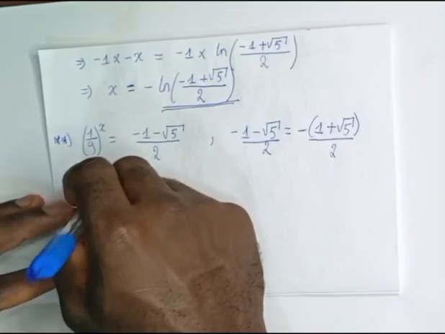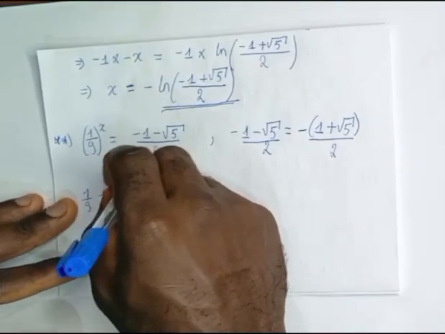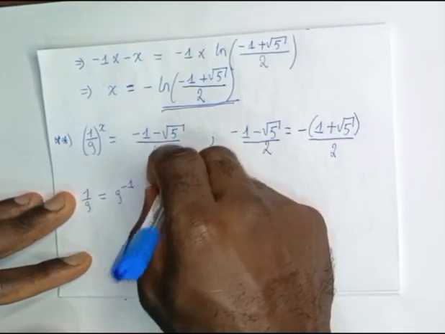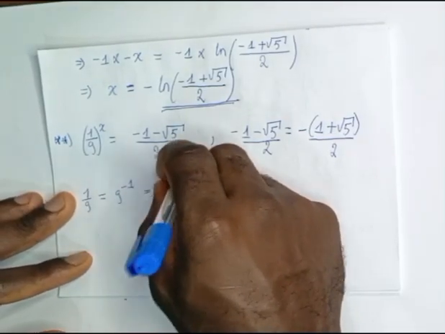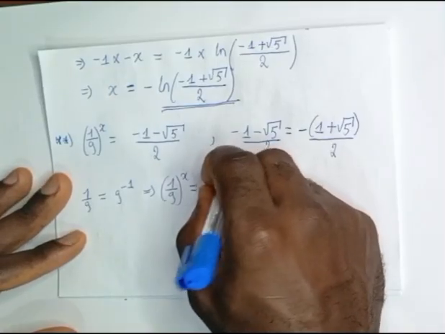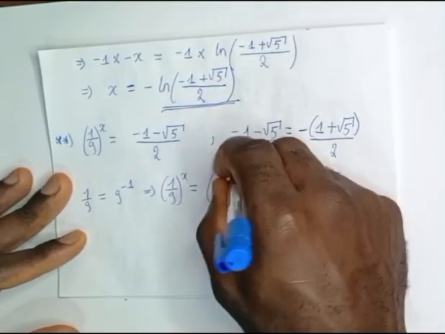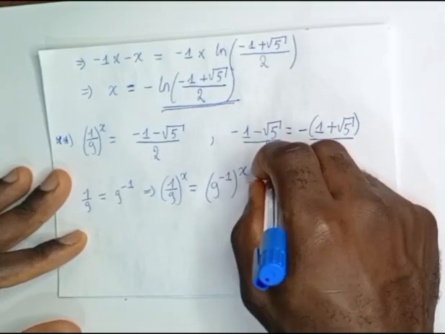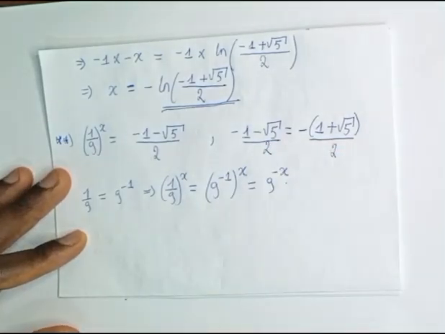1 over 9 is simply equal to 9 raised to the power negative 1. Then, if we take 1 over 9 raised to the power x, it will simply be equal to 9 raised to the power negative 1, all this raised to the power x, which is simply equal to 9 raised to the power negative 1 times x gives us negative x.